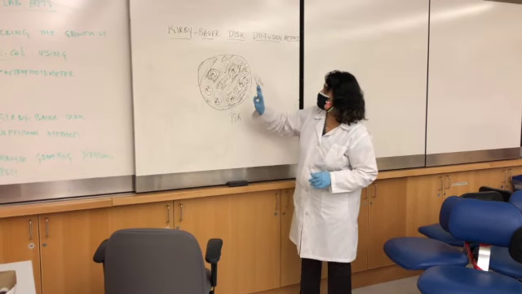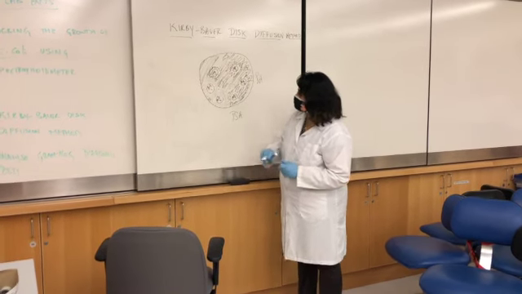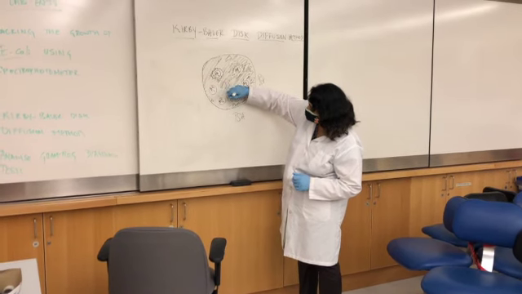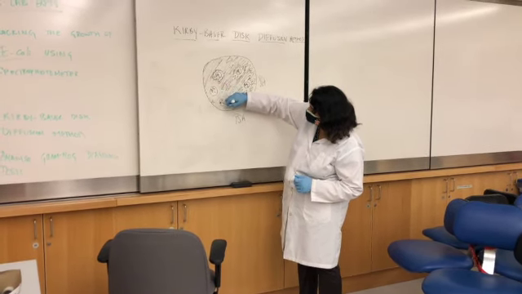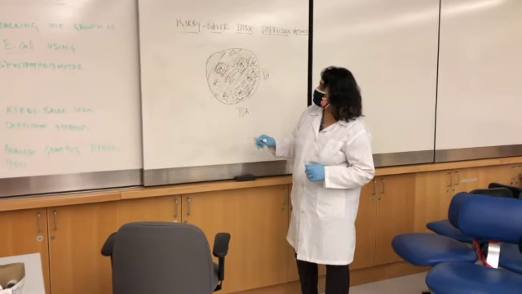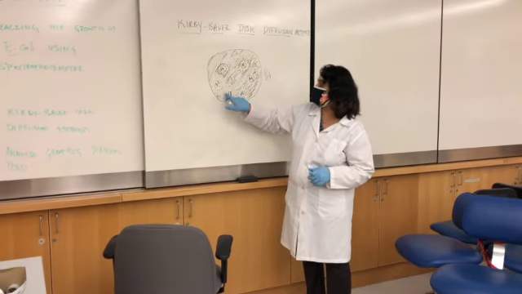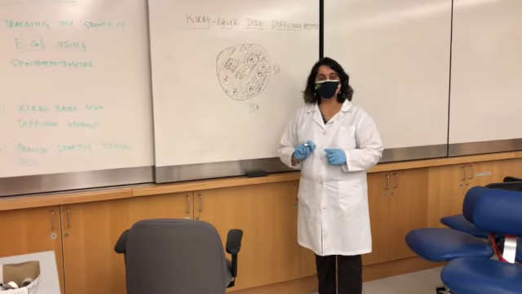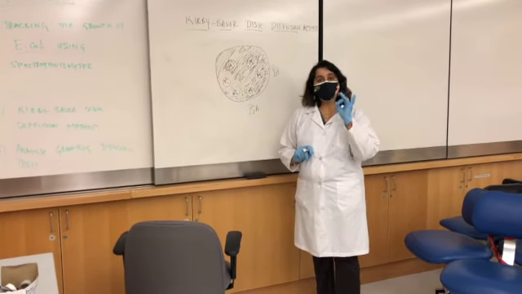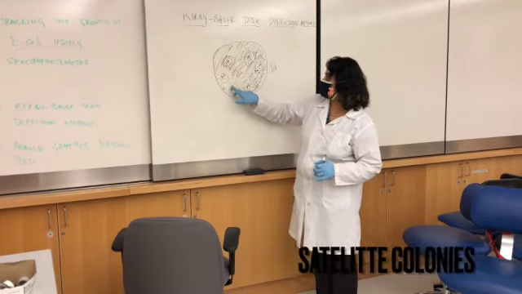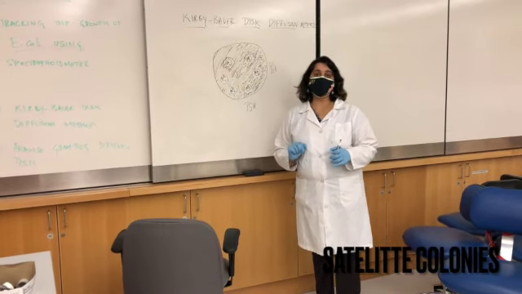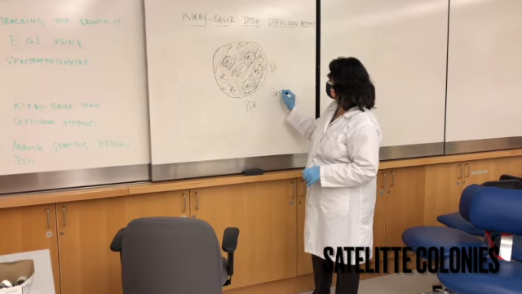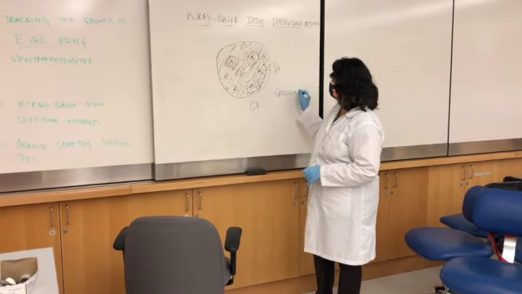Okay? I'm going to also tell you a quick interesting fact. Sometimes, though you see the zones of clearance, you might see small colonies around that zone of clearance. Those small colonies that grow around the zone of inhibition are known as satellite colonies.